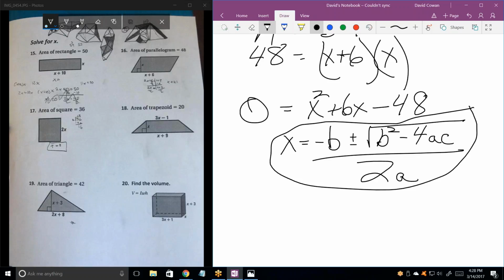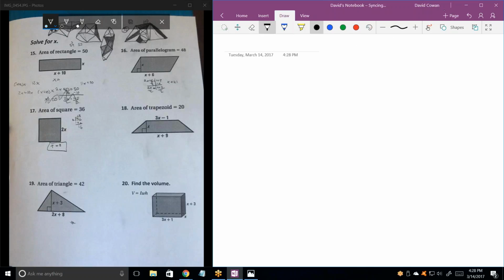Okay, so let's go on and get these set up rather than spending our time going through the quadratic formula each time. So what's the formula for the area of a square? I'm looking at number 17. So they're saying 36 is equal to what? 2x.